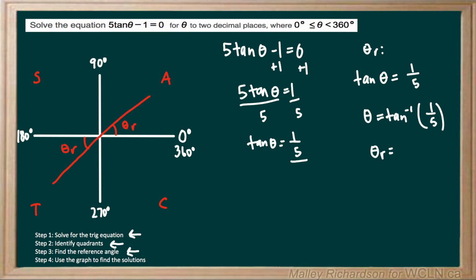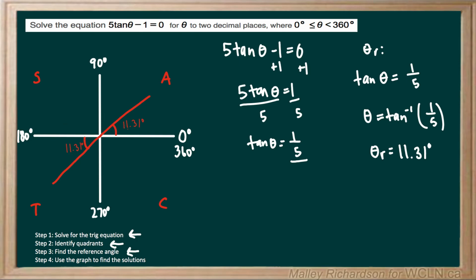And plugging this into our calculator, we get a value of 11.31 degrees as our reference angle. So filling this in on our graph, we now have our reference angles 11.31 in quadrant 1 and quadrant 3.